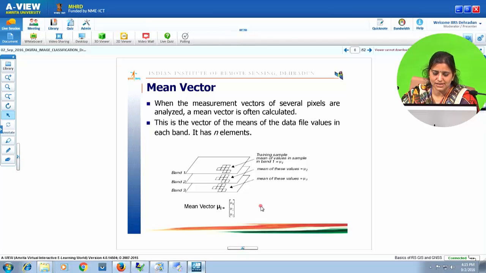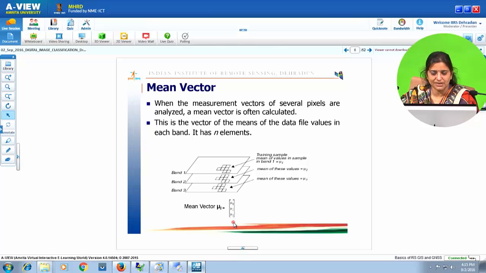Suppose in this case we have 7 pixels. The mean of these 7 pixels in band 1 is mu1, in band 2 is mu2, and in band 3 is mu3. So the mean vector mu would be equal to mu1, mu2, mu3.